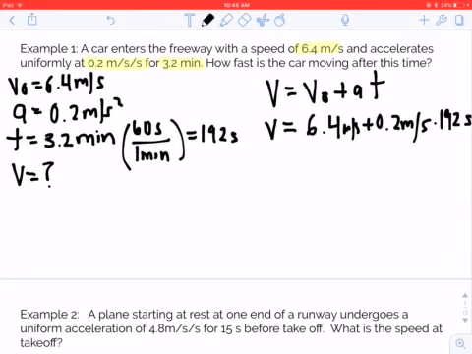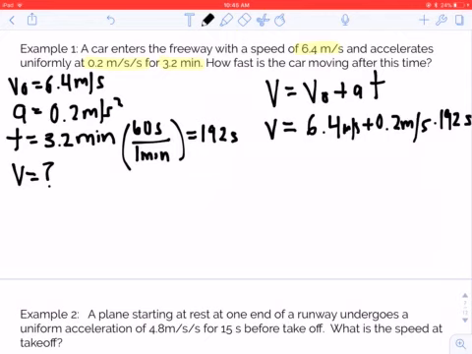When you plug that into your calculator, you're going to get 6.4 meters per second plus 0.2 times 192 seconds.